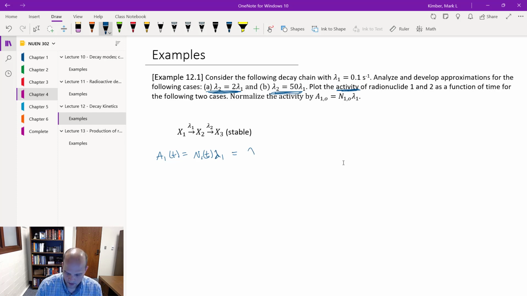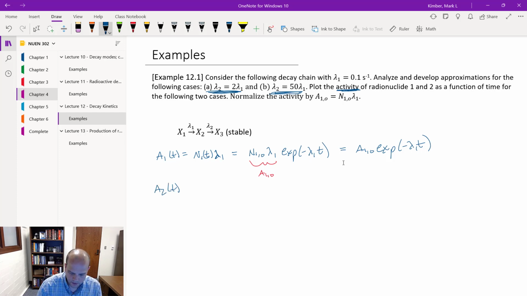Taking our expressions from before, this is N1 naught times lambda 1 times the exponential of minus lambda 1t. A lot of times this is called the initial activity. And so this also decreases in an exponential fashion, just like the inventory does.